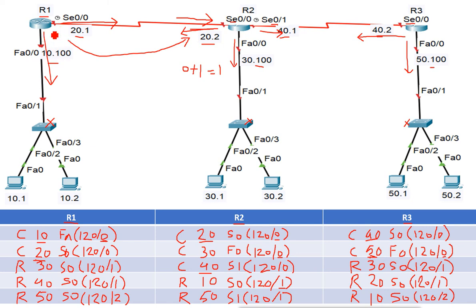Like this is the routing table of router 1, so it will broadcast the routing table to all its interfaces, here and on this side, and any other interface it has. It will not check whether the other router gets the information or not. After every 30 seconds it sends the broadcast. This is the first problem.